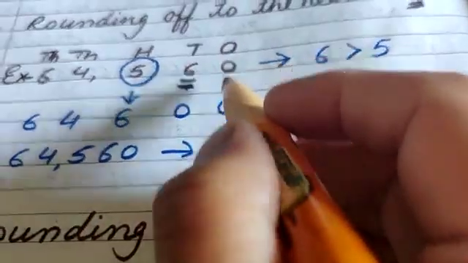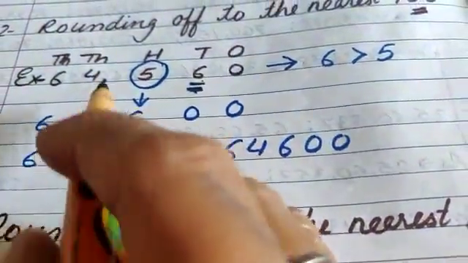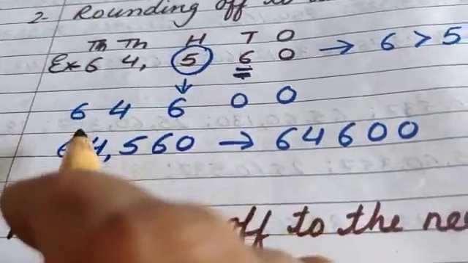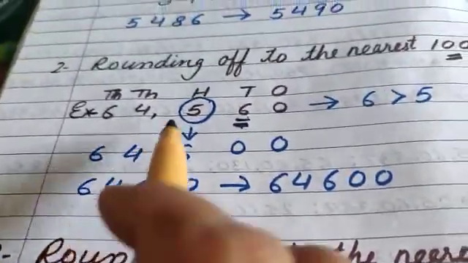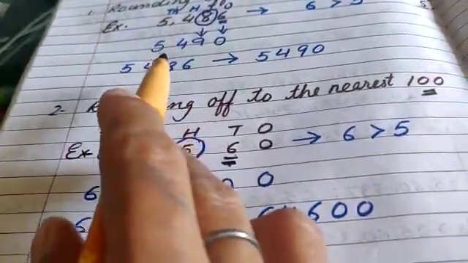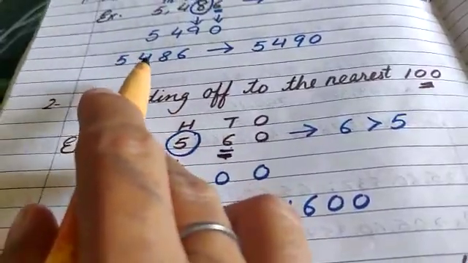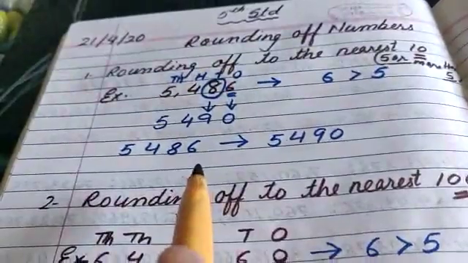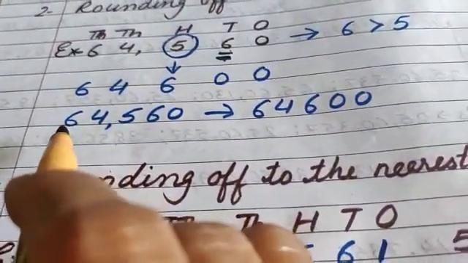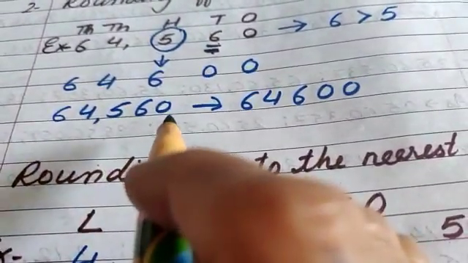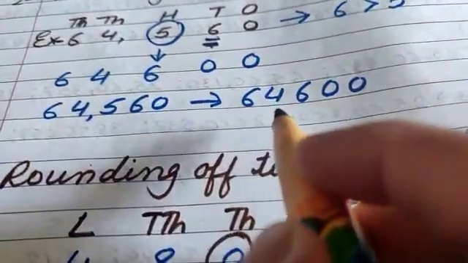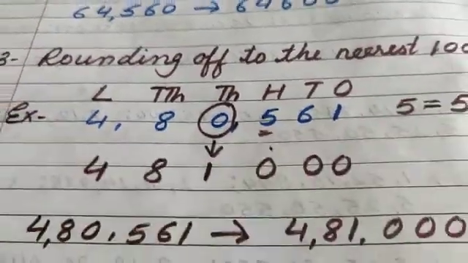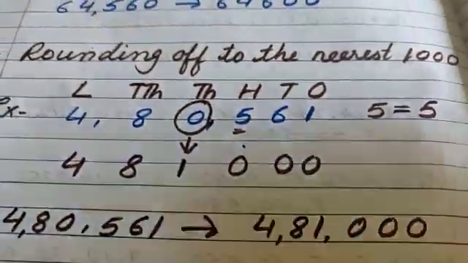This will become 0, this will become 0, and the rest of the numbers will be the same. 54 as it is. So it becomes 5500. Clear? Now round off to the nearest 1000.